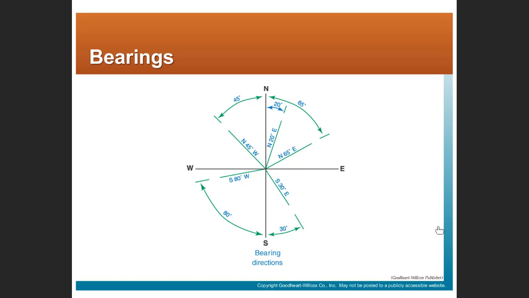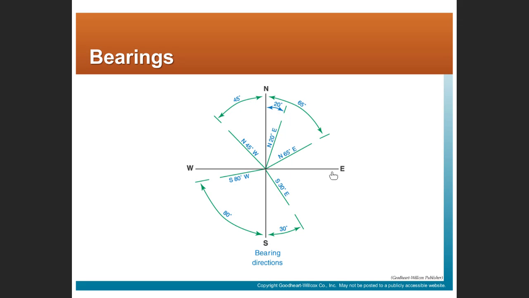Right, so how do the bearings work? You see our north, south, east, west. And this particular line is a bearing north 20 degrees east, right? So we started north, and then we move 20 degrees to the east, and that's the direction of that bearing line, right?